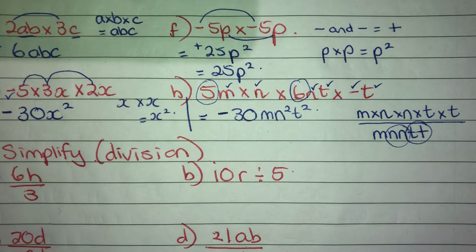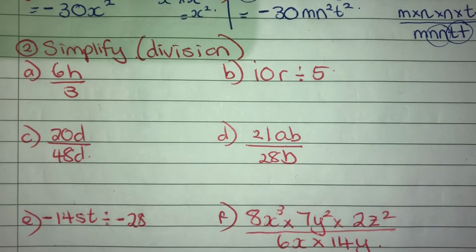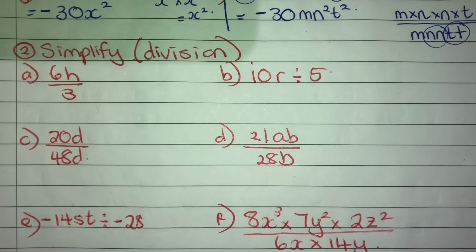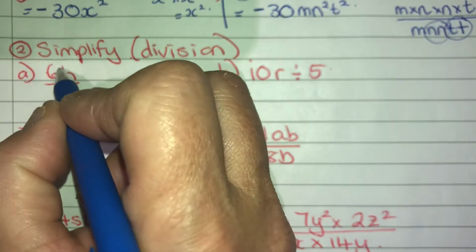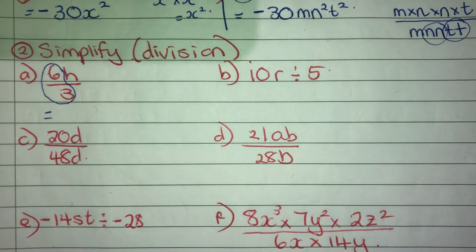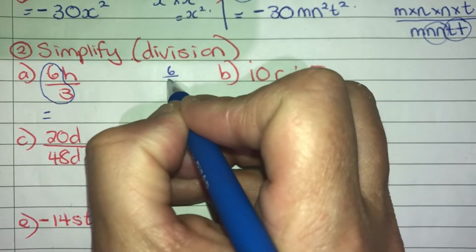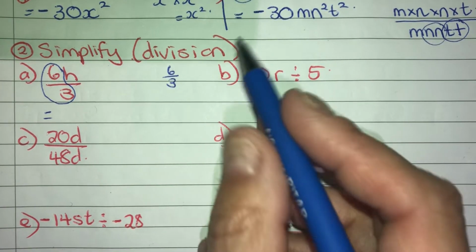Okay, so now we're going to move on to division with all the same rules that sort of apply. And by that I mean do the numbers, then do the letters. So we're going to do our numbers here first. Now, this might help you to do that. Some of us, we won't need to. But this is like 6 divided by 3. This is saying how many 3s are in 6.